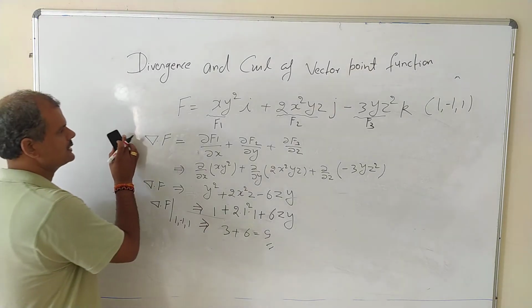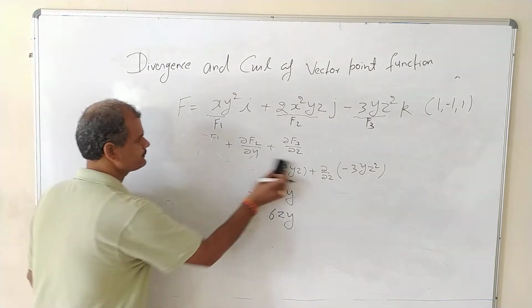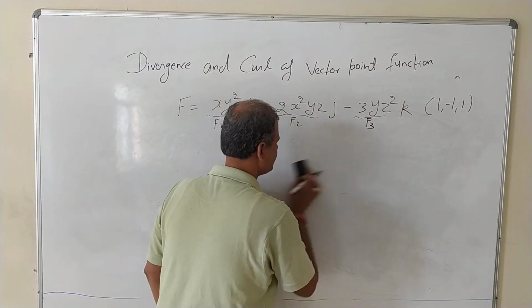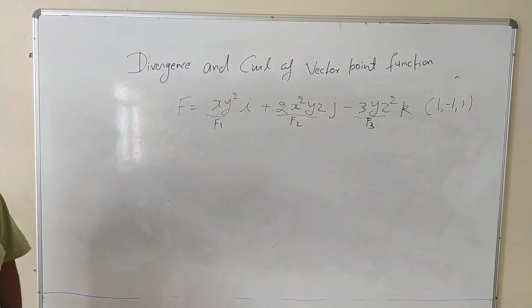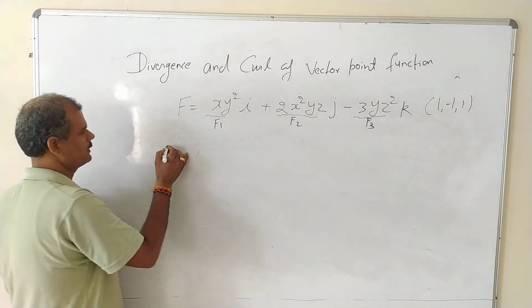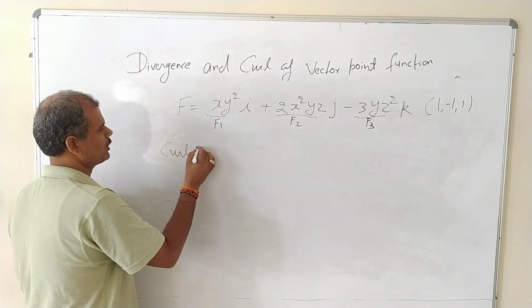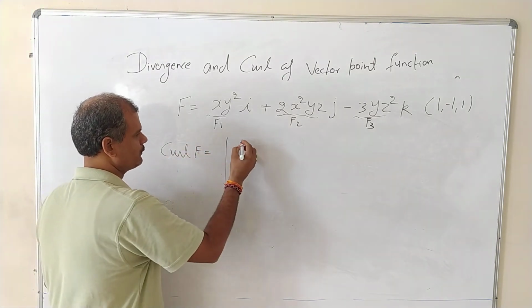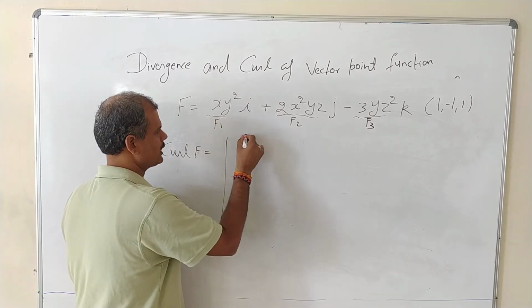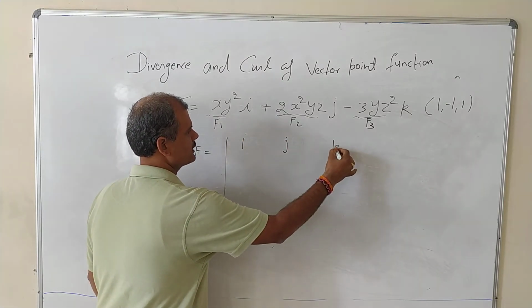Okay, let us see what the curl of F is. Same F. So curl of F will be, the first row you know already, that will be i, j, k.